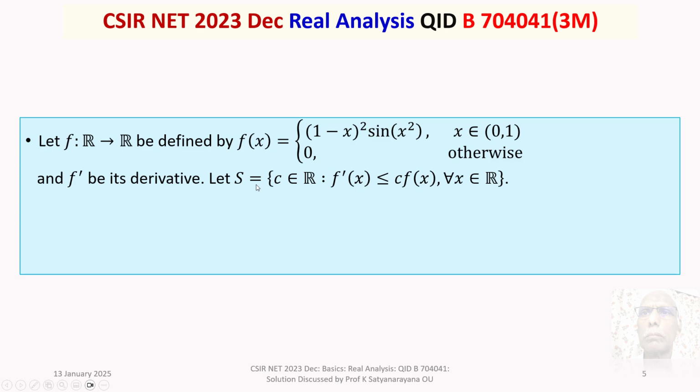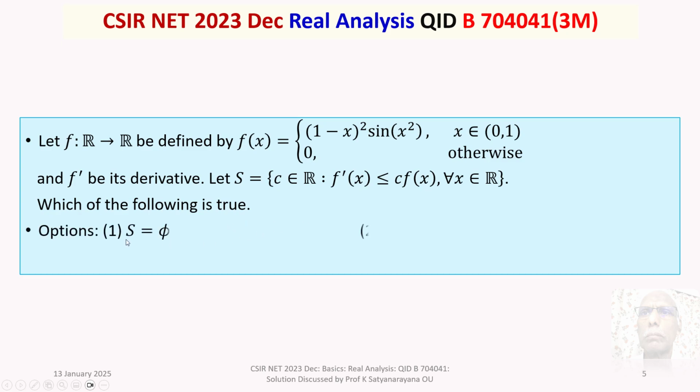Let S be the set of all those real numbers C satisfying f prime x less than or equal to C times f of x for all x belongs to R. Which of the following is true?